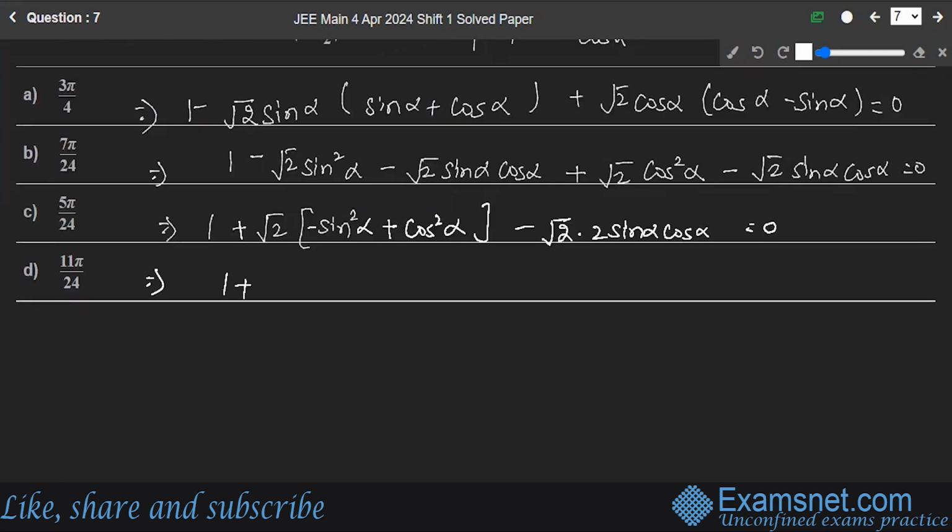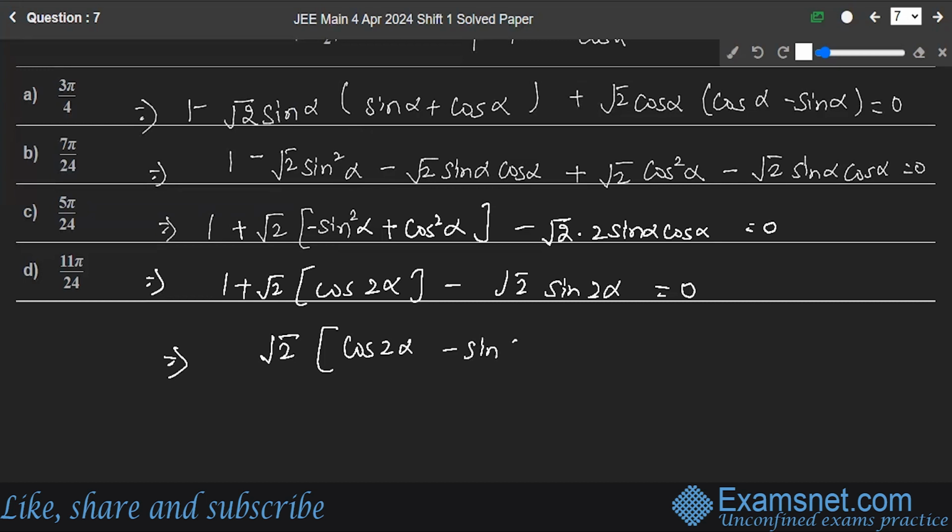This is the formula for cos 2 alpha, and this is for sine 2 alpha is equal to 0. Correct. Hope you are clear till this. And this will give me, I'm taking root 2 common, cos 2 alpha minus sine 2 alpha is equal to minus 1. Or cos 2 alpha minus sine 2 alpha is equal to 1 by root 2.